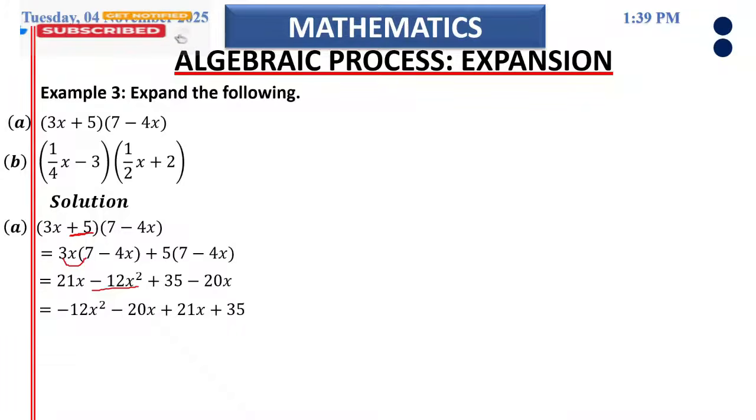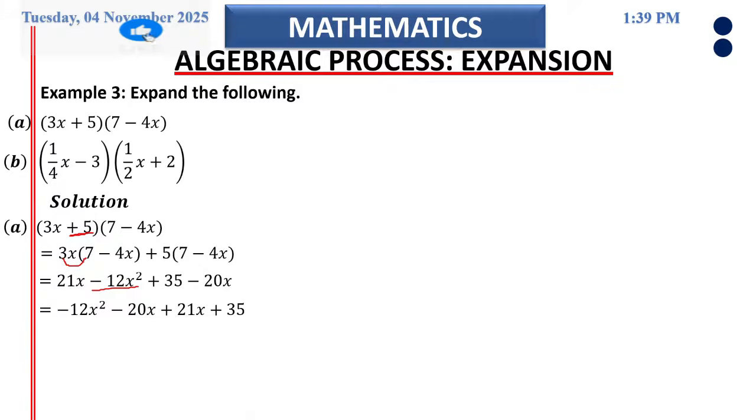But if it is ascending order, you start with the constant term. I believe you know what a constant term is. A constant term is just a number without an alphabet. So it doesn't have any alphabet. A regular number in your expression comes first, and then the lowest power of the variable comes next.